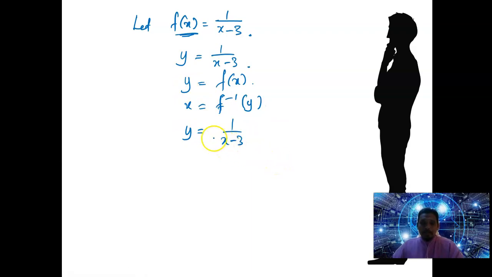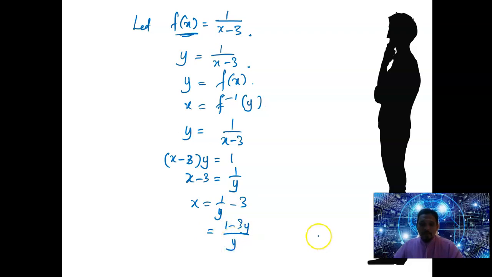From y equals 1 over x minus 3, cross multiply: x minus 3 multiplied with y equals 1, then x minus 3 equals 1 over y. Then x equals 1 over y plus 3, or simplify this as 1 plus 3y divided by y.